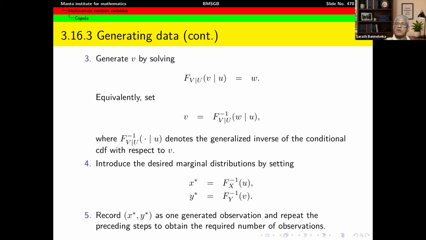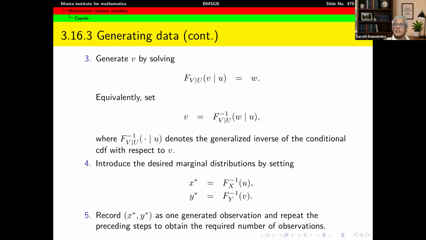Then those X star values can be considered as a random sample of observations from the marginal CDF of X, and similarly, Y star values are random numbers from the marginal CDF of Y. But of course, the joint distribution of those X star and Y star values will not be exactly equal to the actual joint distribution of X and Y, which is unknown to us.